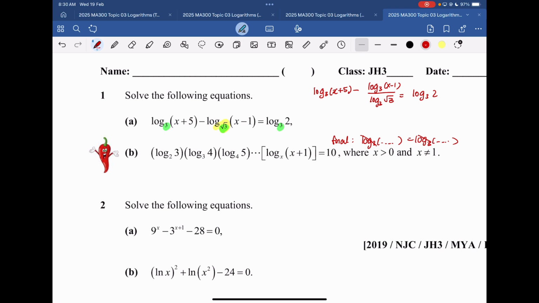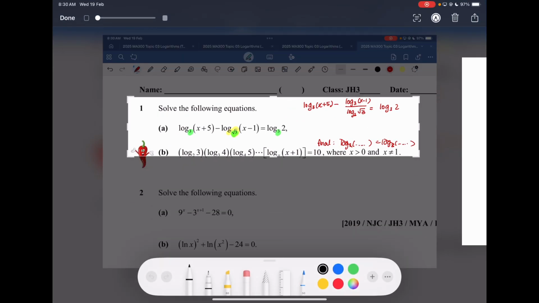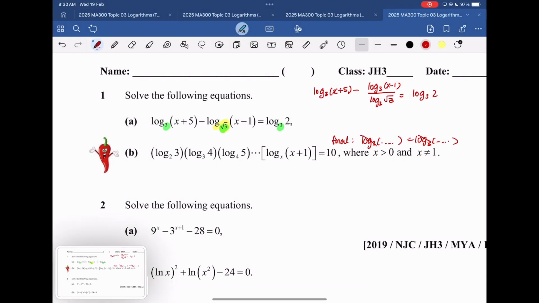Okay, guys? So, if I look at log base, just give me a second. Let me just screenshot and put this below so that I have space.